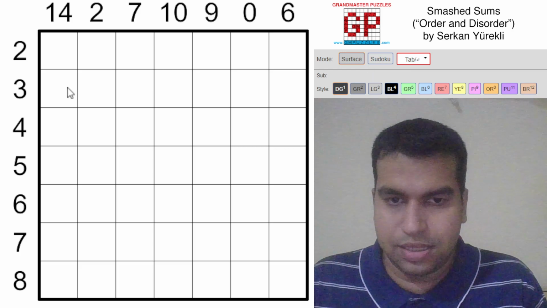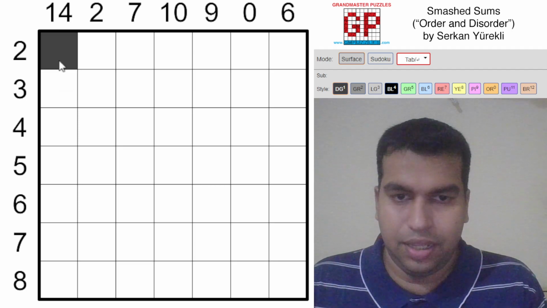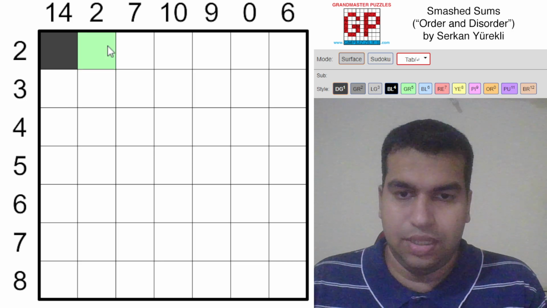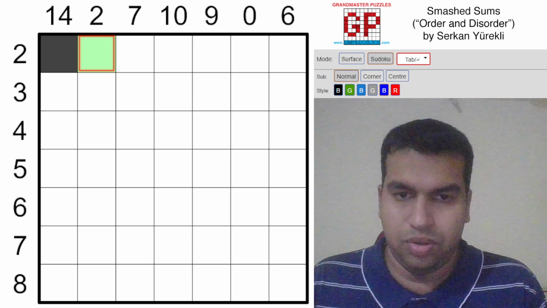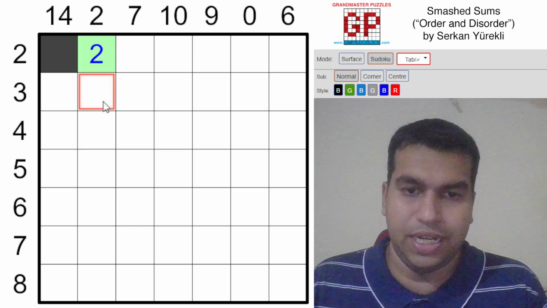Right at the start, I see that this 2 clue intersecting with this 14, if this is a shaded cell, then this will immediately become a 2. But this 2 clue means that the 2 can never be on a border because it has to be between two shaded cells.